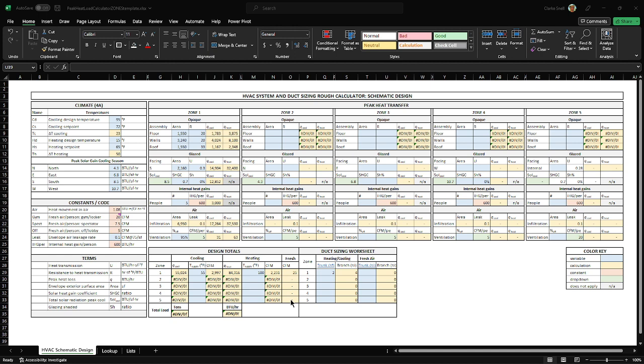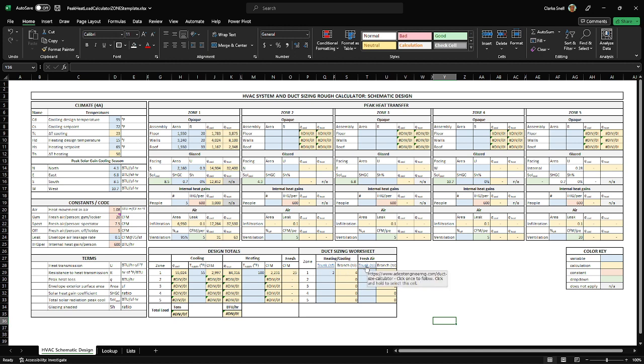I'm just saying this is the amount of fresh air we need in addition to the air we need to move for heating and cooling. We're getting that from CFM per person and the number of people in the zone, so we've already got those set. If we only have 5 people in this zone and it's not a gym, that's going to be a small amount of CFM. It's not going to make that much of a difference.